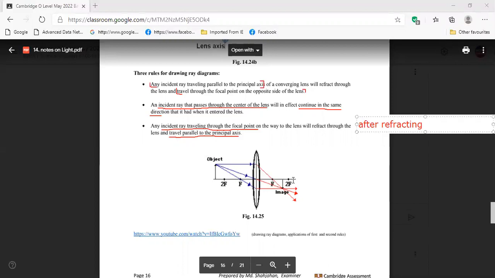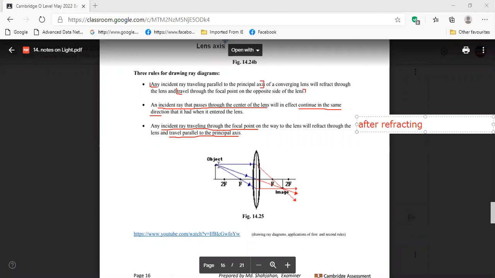Now I'm explaining the diagram. In the last class we explained, again I'm explaining. Look, Mahi, especially for you I am repeating. On the left side we have the incident ray. Incident ray means the ray which is coming from the source, or from the object. That is called the incident ray. So the incident ray coming from the object head, here we have three rays.